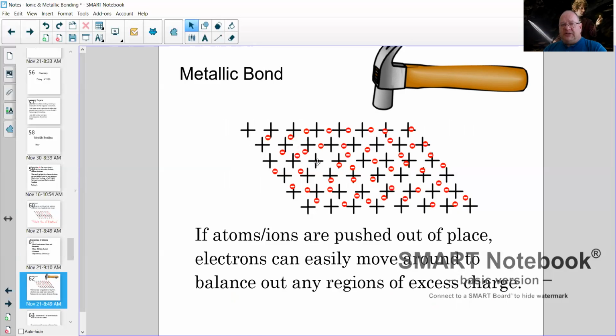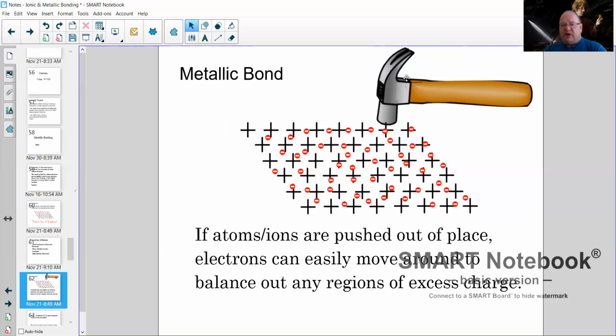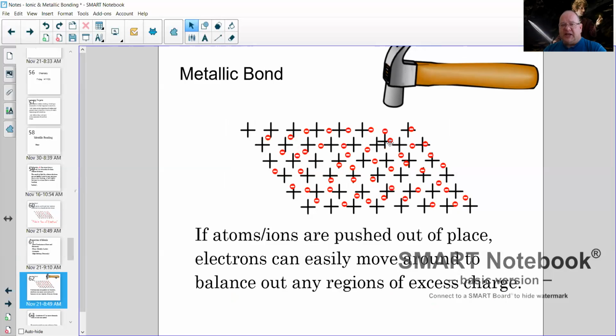But in a metallic bond, if I take this hammer and bring it down and hit this, and I move a couple of these positives, now these positives don't like that. They're getting closer together to other positives. But if in this metal I create an excess of positive charge somewhere, now electrons are going to move towards that to balance it out.